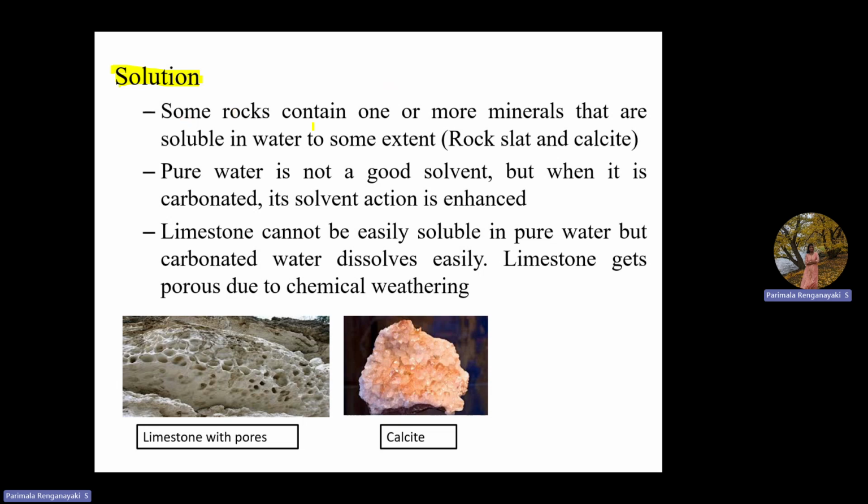Some rocks contain one or more minerals, because a rock integrates more minerals in it. Few minerals, one or more minerals, are soluble in water to some extent, for example the minerals rock salt and calcite.